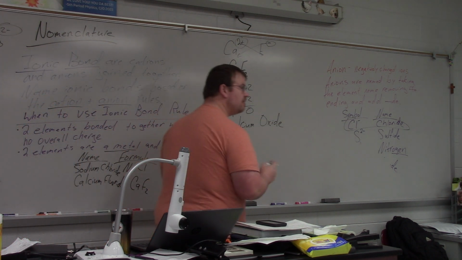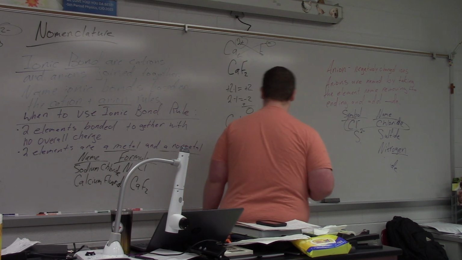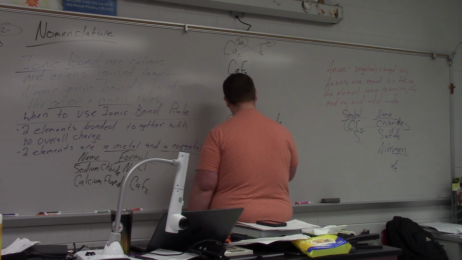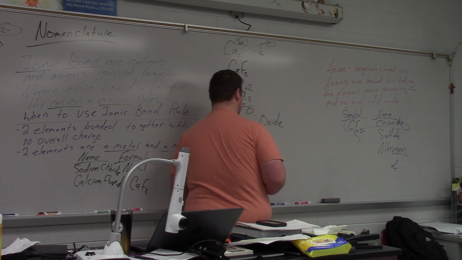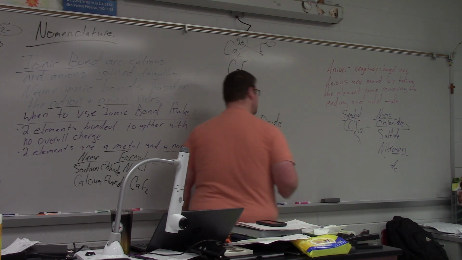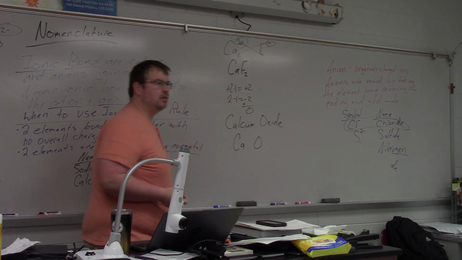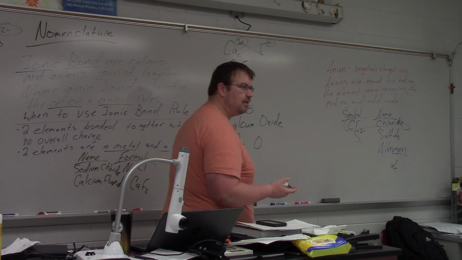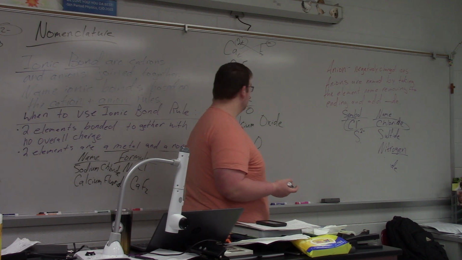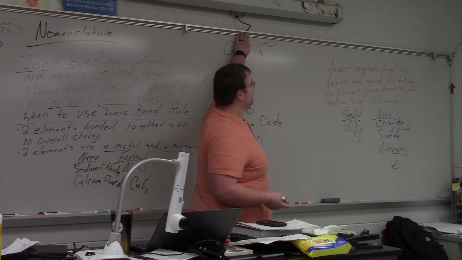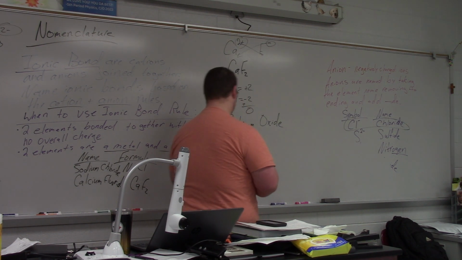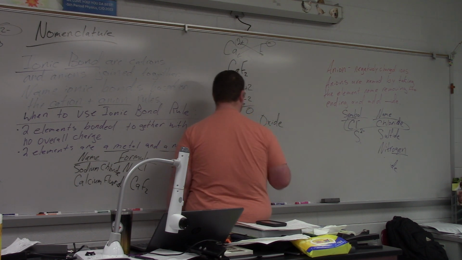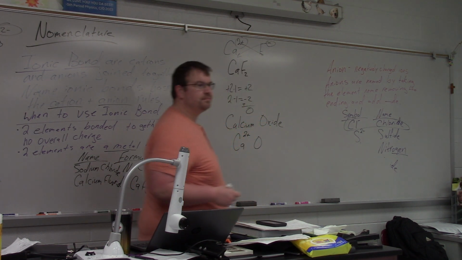So we look at the calcium oxide. What we're gonna have is calcium and oxygen. Well, what's the charge on the calcium? 2 plus. How do you know it's 2 plus? Because it was up there from earlier. Because they're in the column of 2. It's in the second column. So it's 2 plus. What's the charge on the oxide?